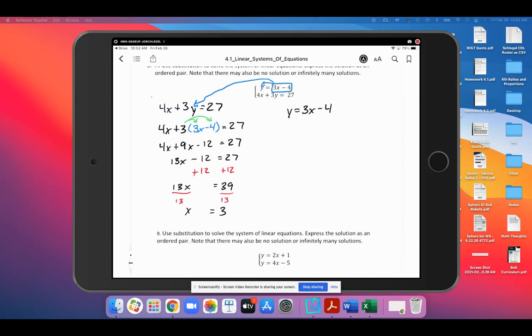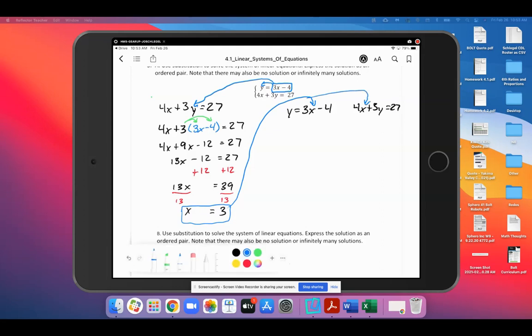I could put it into the 4x plus 3y equals 27 as well. I'm going to do both actually to show you that you would get the same result no matter which way you did it. So we're going to take our x equals 3, and keep in mind you only need to do one of these two. I'm only doing both in my case to demonstrate that it will produce the same answer no matter which equation you choose to put it back into.